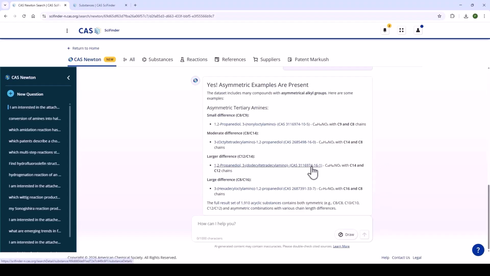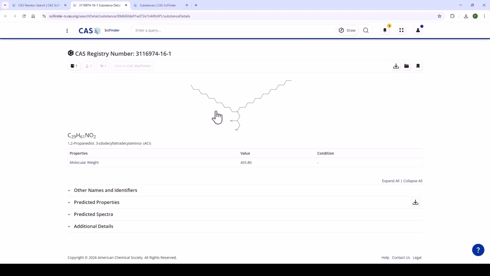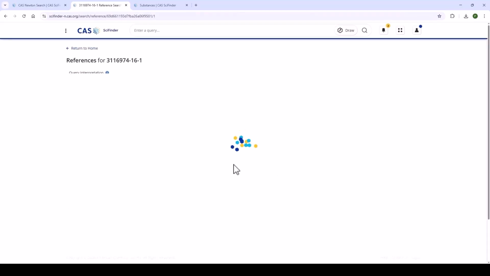And I can also see that there are links provided to these compounds. So if I want to see maybe a synthesis or something like that, I can go back to SciFinder and see, oh, we indeed got just one reference to these compounds, and be able to see where that literature reference comes from.